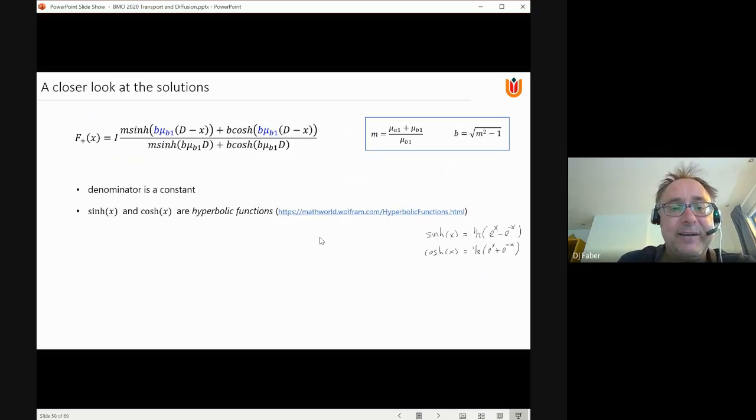Further, sine h of x and cosine h of x are the hyperbolic functions. I've quickly written the definitions of those in there. So basically, they are these exponential functions, from which I said we're going to try a solution in this form. And indeed, if you do that, you get an answer which contains these exponential functions.